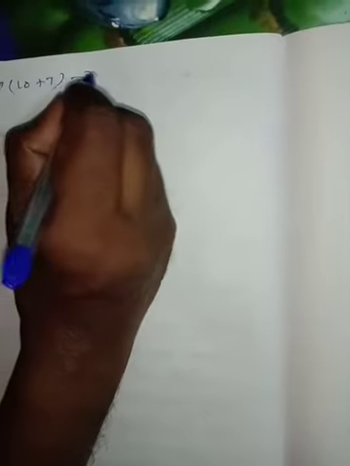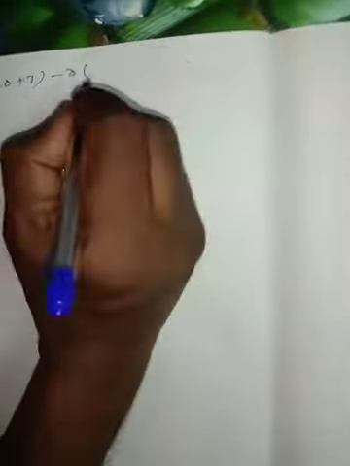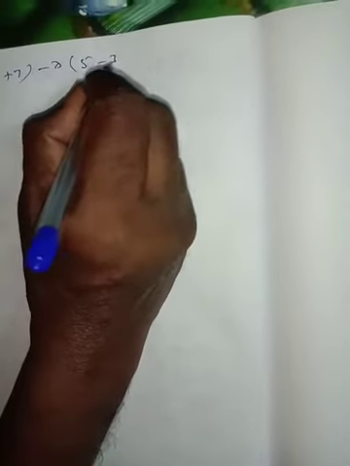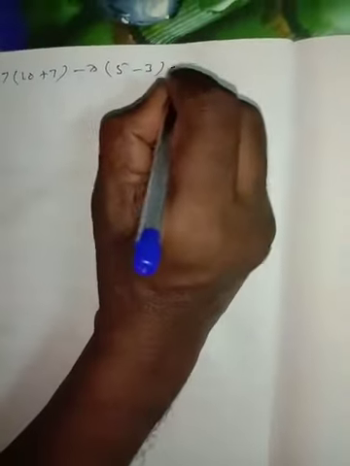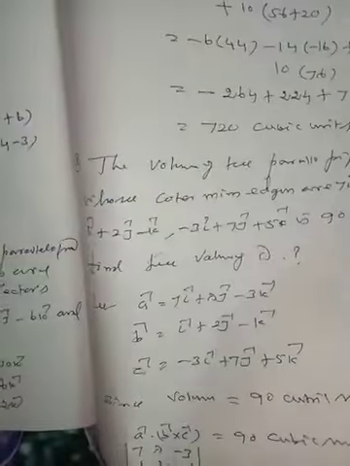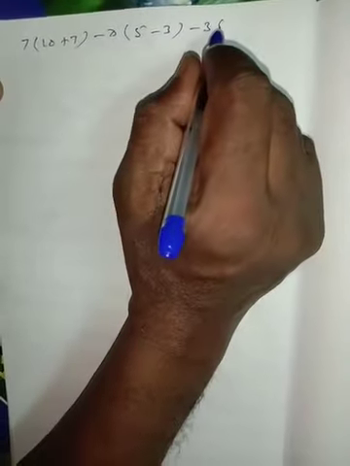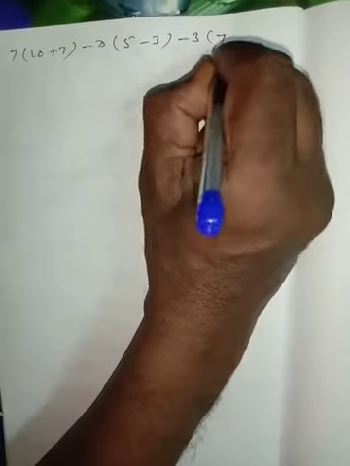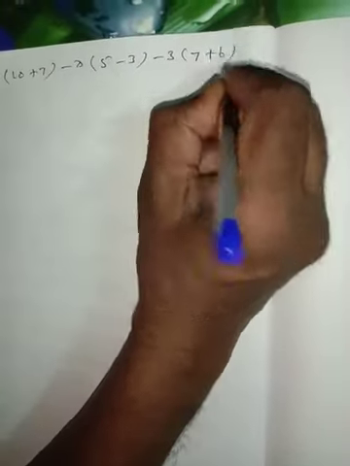Expanding: 7 into (10 + 7) minus λ into (5 - 3), plus -3 into (7 + 6) equals 90.